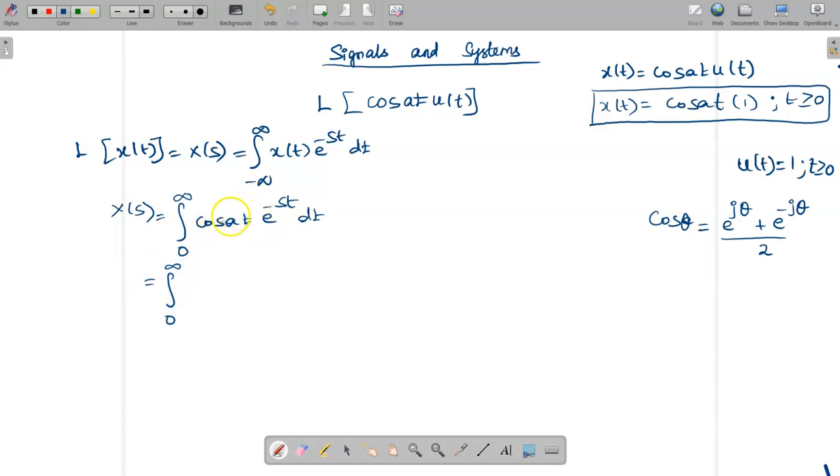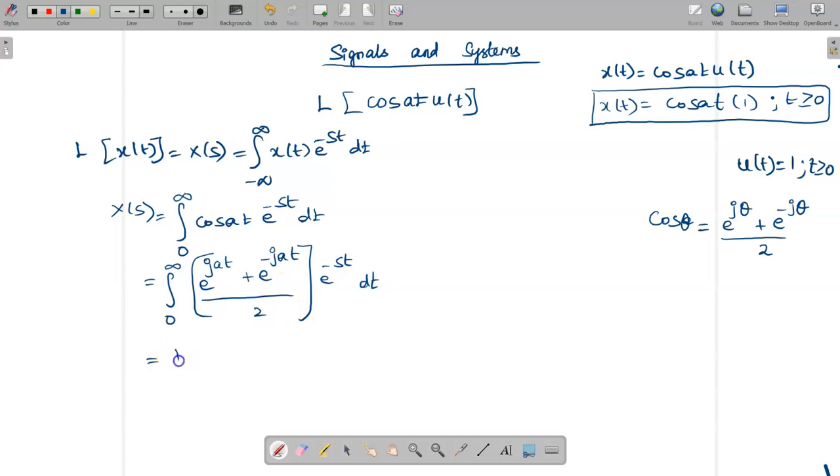I am not integrating yet, first I am substituting the cos at value. Here instead of theta I have at, so I can write it as e power j at plus e power minus j at divided by 2, into e power minus st dt.